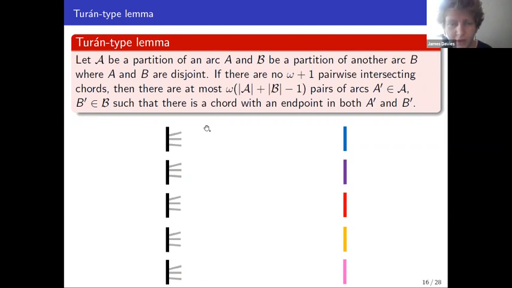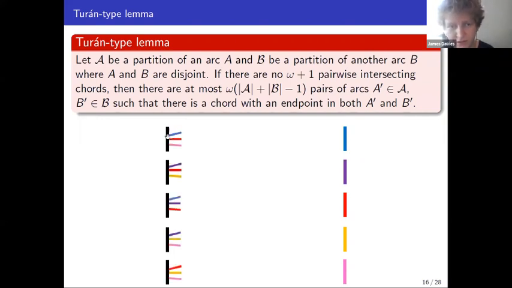What this Turan-like result says is that if you bound the clique number, so bound the number of pairwise intersecting chords, so there's no omega plus 1 pairwise intersecting chords, then you should have only a finite number of pairs of arcs, ones from the arcs from the one we split up and arcs from their pre-coloring, where there's a chord between the two.